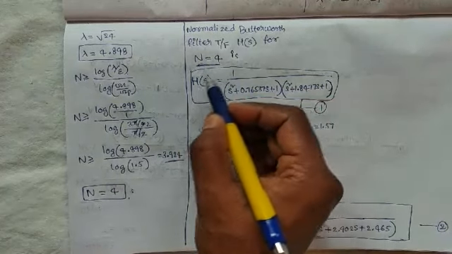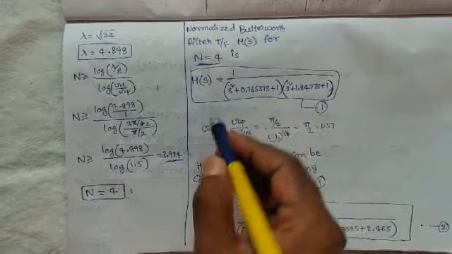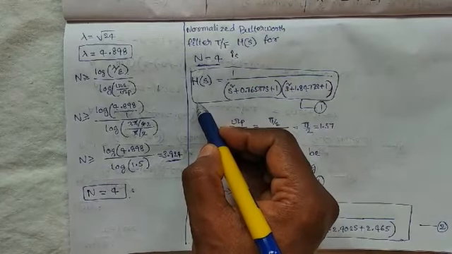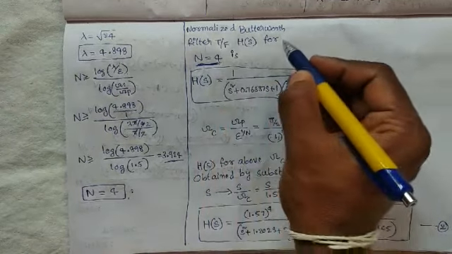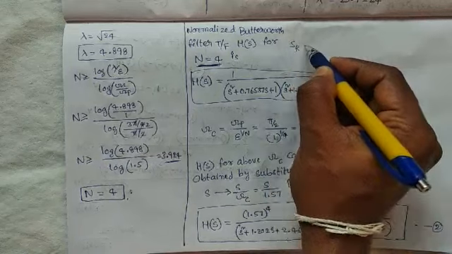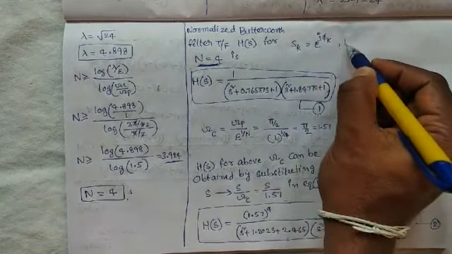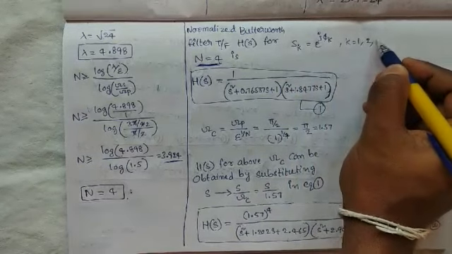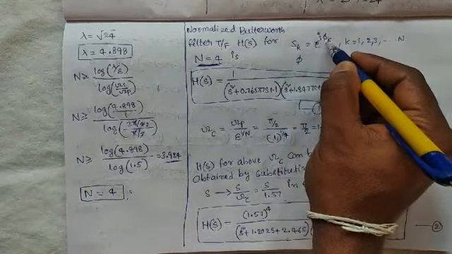Here we are determining it. From the table it is difficult for order n equal to 4, so we are determining it by using the formula. Here sk is equal to e power j phi k, where k is equal to 1, 2, 3 and so on up to capital N. Here we are determining phi k.